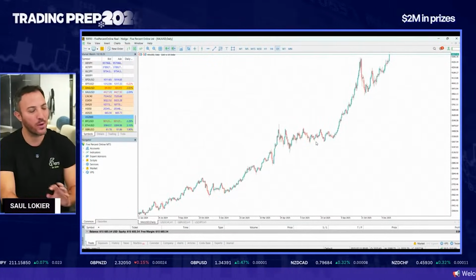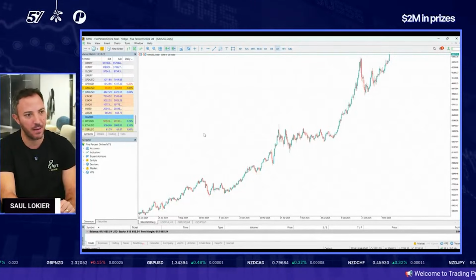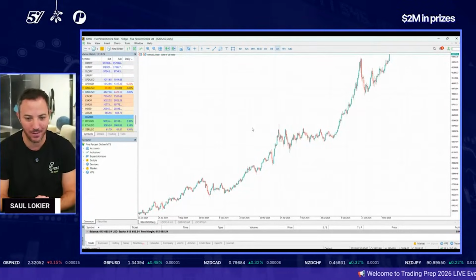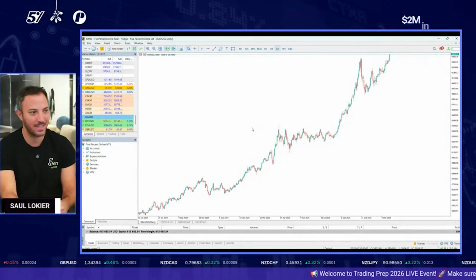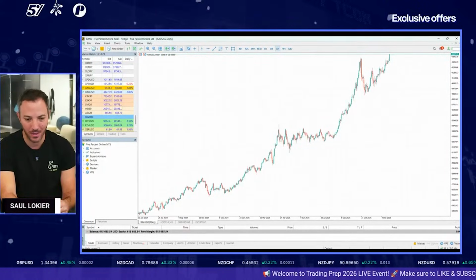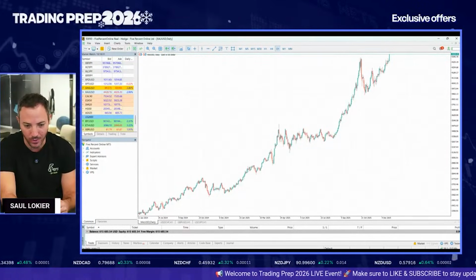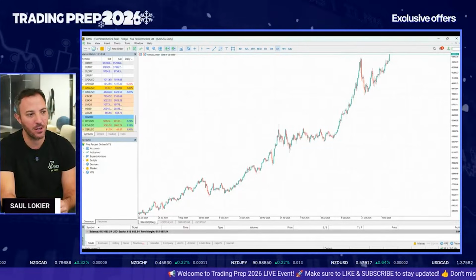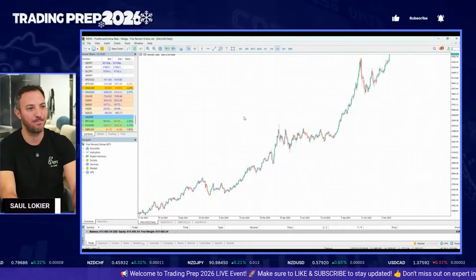So I got two examples today. I'm going to start with gold. I know gold is a very popular asset for traders worldwide. So I want to start with gold, and I'm going to start from the daily charts.